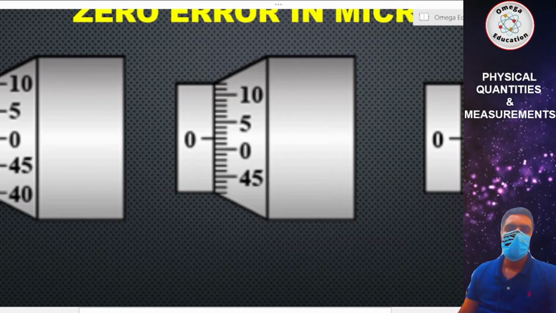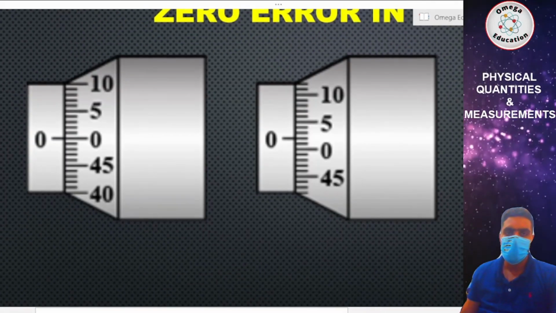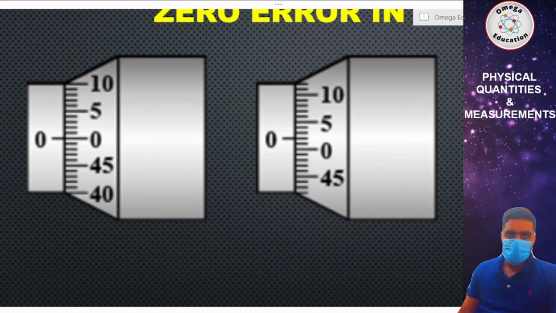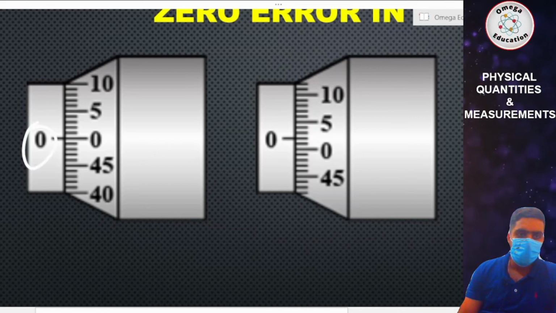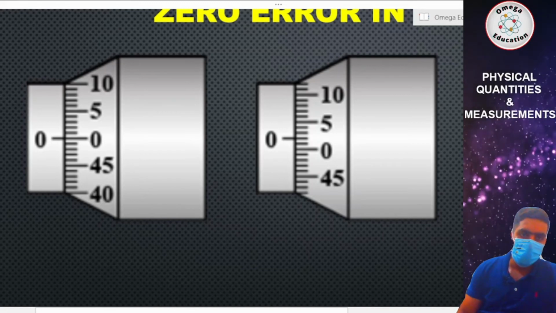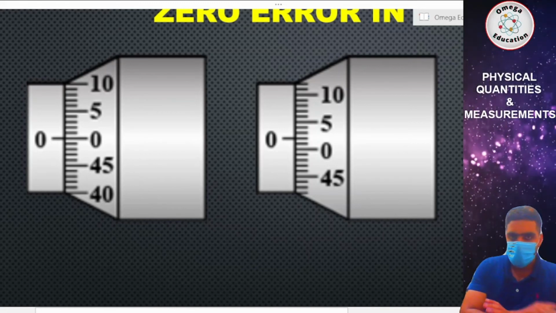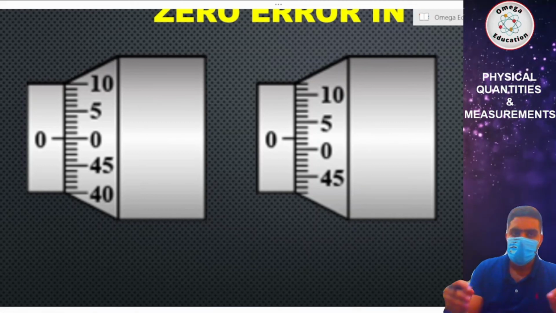Now zero error in the micrometer. How do we define zero error in the micrometer? Now first of all, like I said, micrometer has two scales, main scale and the other one was circular scale. This one was circular scale. On closing the micrometer, you're not putting anything in the micrometer, you're not measuring anything with it, you have just closed the jaws.